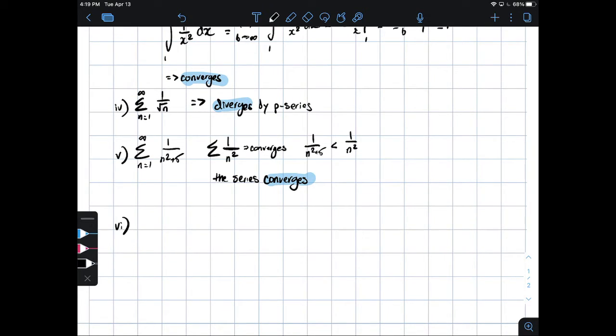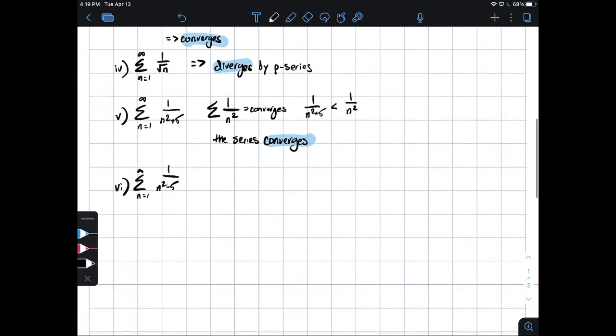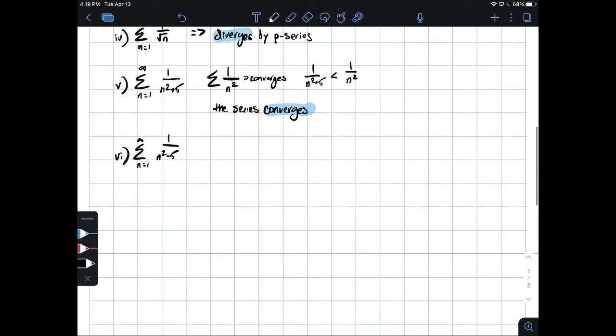So now we have number 6, and this is what I almost accidentally did, n squared minus 5. And what you're going to see, just kind of intuitively, is 1 over n squared is less than this, so we can't use our comparison test. So what we have to do is our limit comparison test.